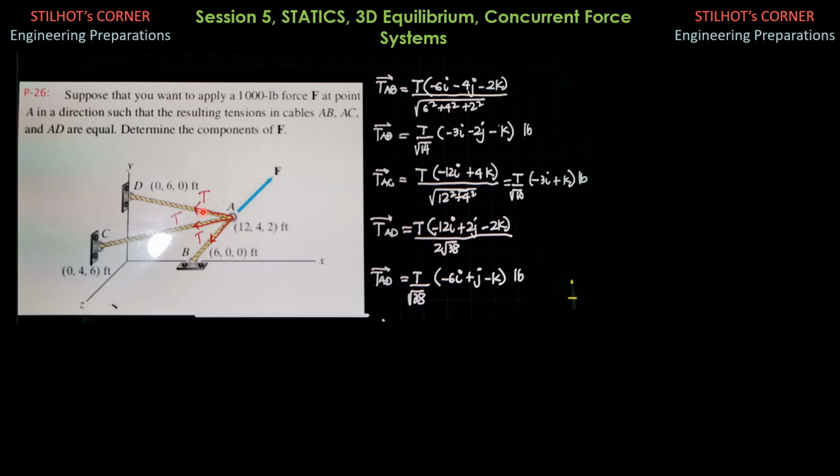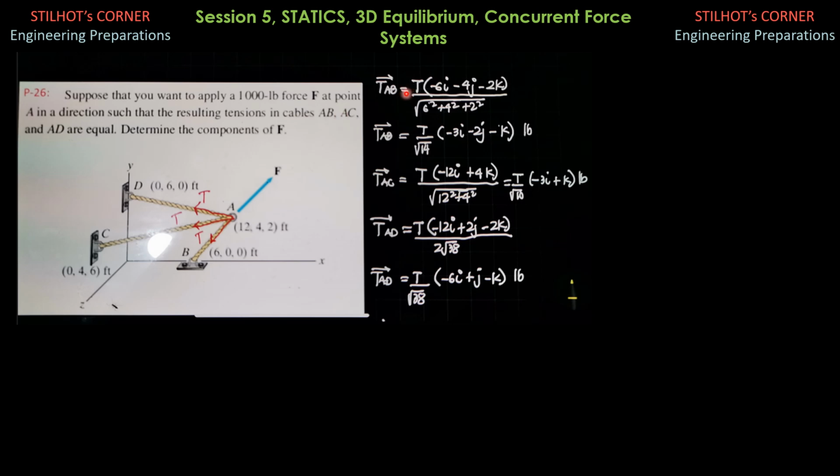So Fx will be in terms of the magnitude T, Fy will be in terms of T, and Fz will be in terms of T. Then Fx squared plus Fy squared plus Fz squared, all expressed in terms of T, is equal to the magnitude of F squared, so 1000 squared. So only T will be the unknown there. From there, we can solve for the X, Y, and Z components of F.